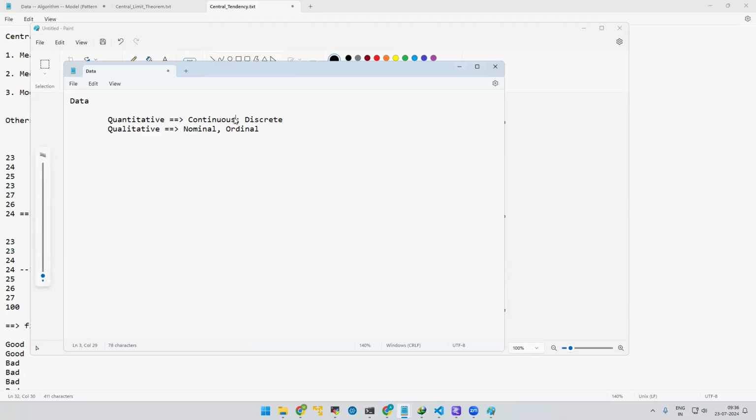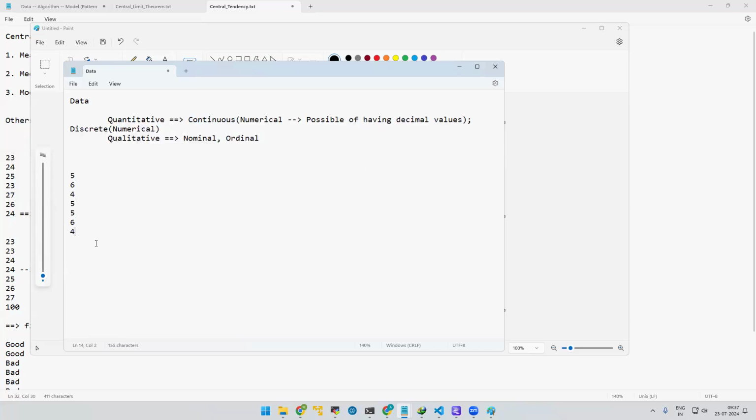Anything that is numerical in nature, this one, discrete, is also numerical in nature, right? But when there is a possibility of having decimal values, then we call it continuous. Let's take the height of students. Even if the heights are 5, 6, 4, 5, 5, 6, 4, it can still be continuous.